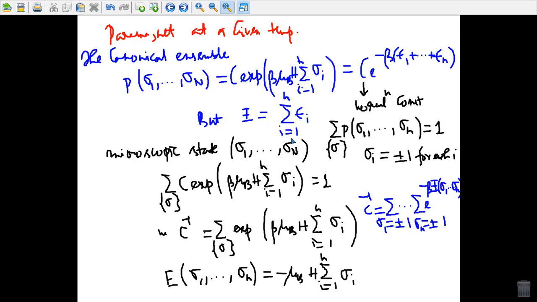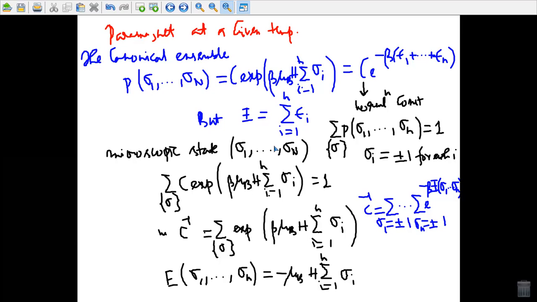So we therefore have the probability that in thermodynamic equilibrium our n spin system will be found in a specific state sigma 1 to sigma n, and it is indeed proportional to e to the power minus E upon kT, where E is the total energy of the state. And there may exist many states which have the same value of energy E and hence also the same probability. As we will see later on, we will have to take all of them into account.